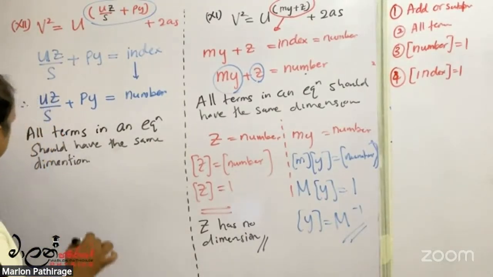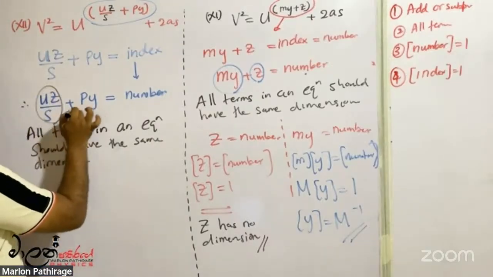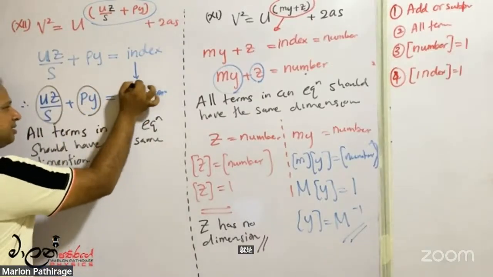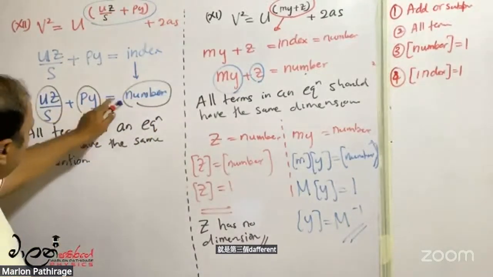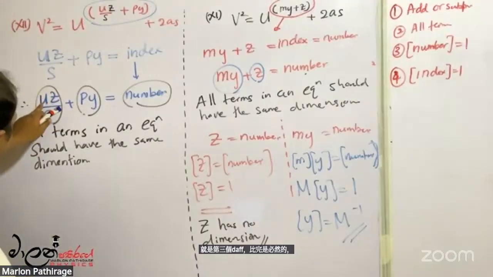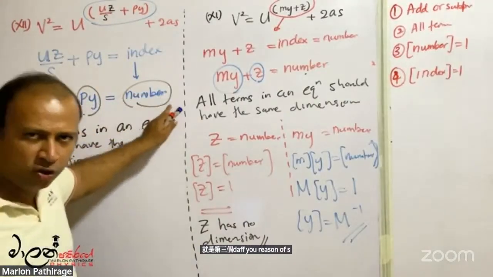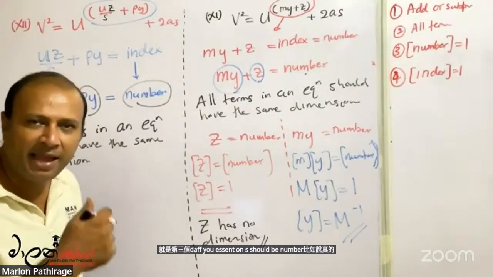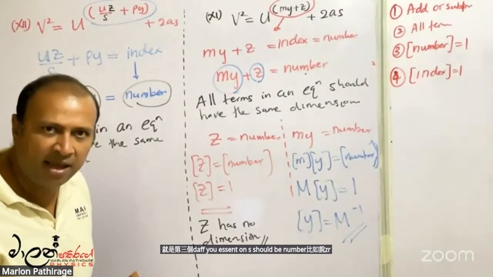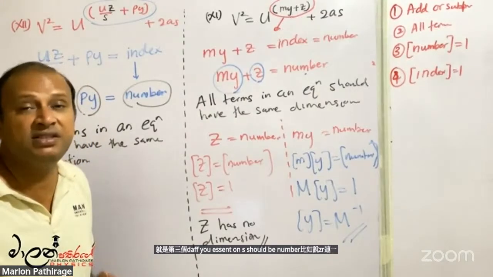Now this is a term. This one is a term. All are terms. Therefore, Py should be a number. U z over S should be a number because all are terms and they are equal physical quantities.